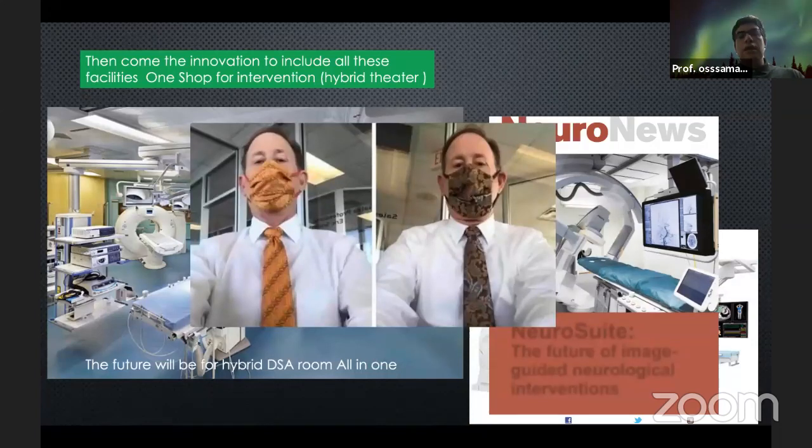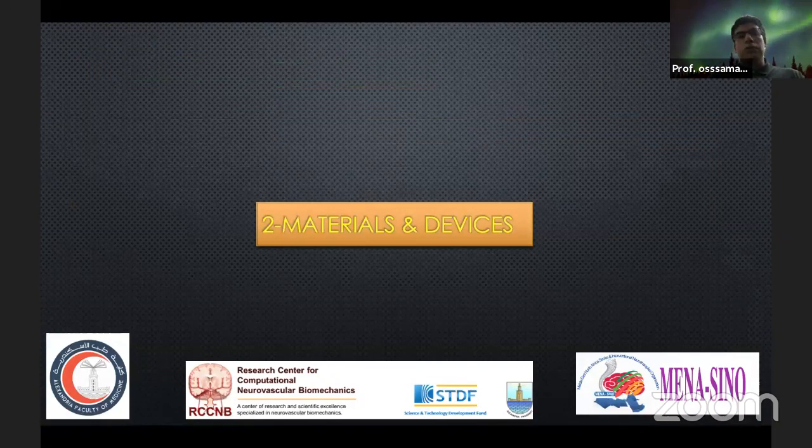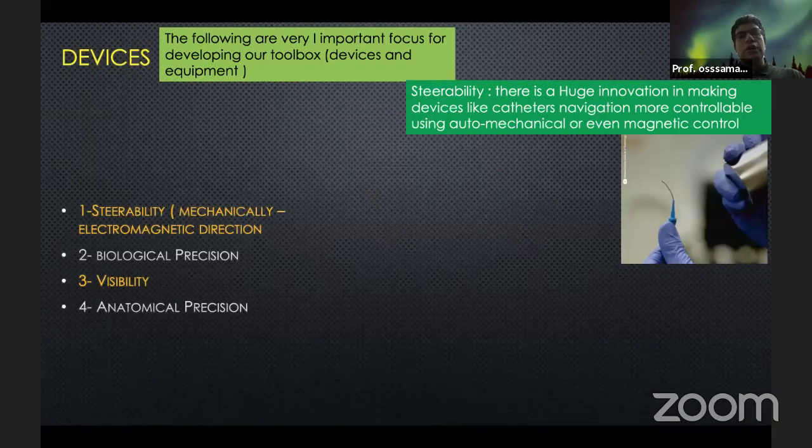And the second wheel is the materials and devices. I think I will not talk much on this issue because the devices are rapidly improving from this point of view. We should concentrate on the improvement of the steerability of the devices, the visibility of the devices, and sometimes the biological and anatomical specification or precision.